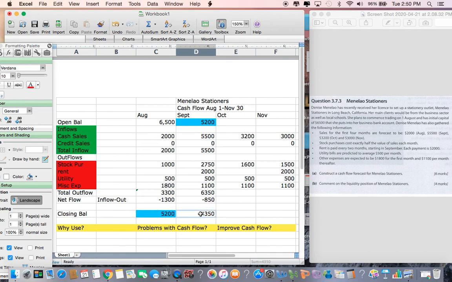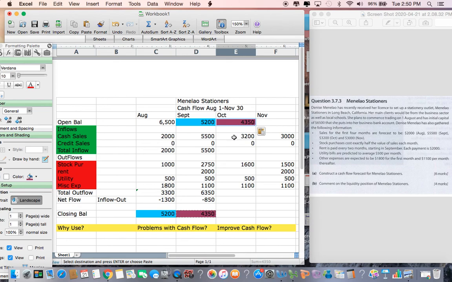Where does this amount go? Well, we just got done saying that that amount goes, okay, to the opening balance for the next month. And then you would continue, right?